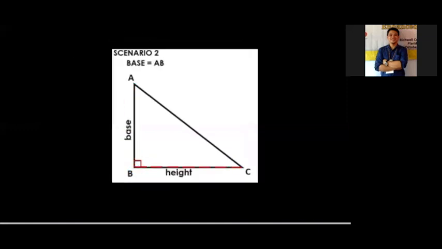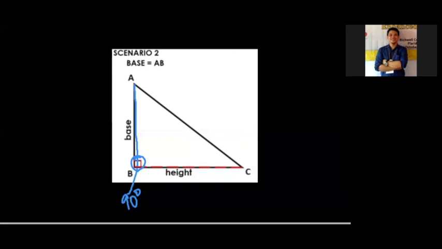Let's try the second scenario. In the second scenario, this time we let AB be our base. Since BC is perpendicular to AB, which is the base, we can say that BC is the height of triangle ABC this time.